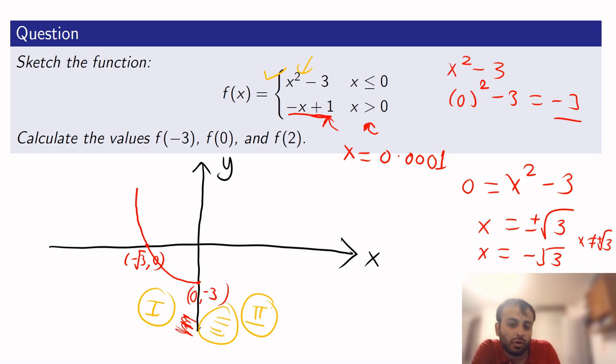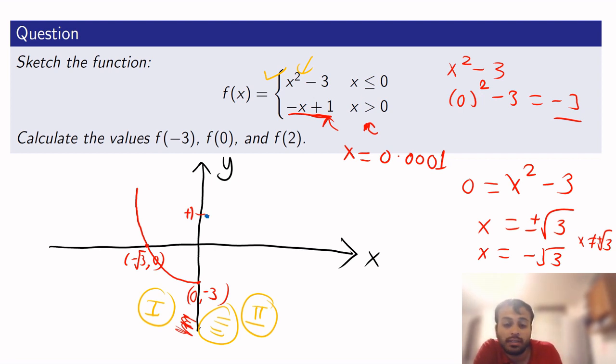So the value of this would be positive 1, or somewhere around positive 1. So maybe you can start from here. If this is plus 1, then this starts from somewhere around here. Maybe I can use another color pen. Yep, somewhere around here.